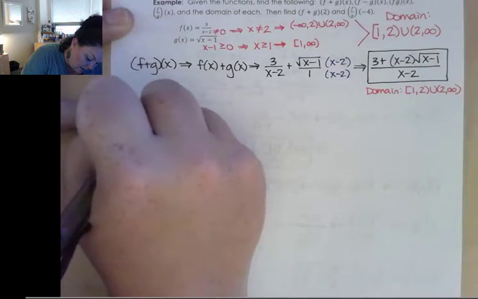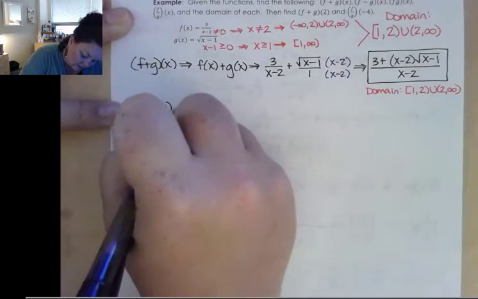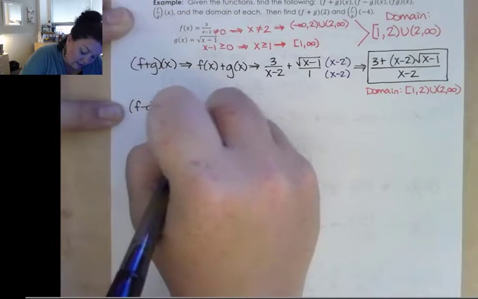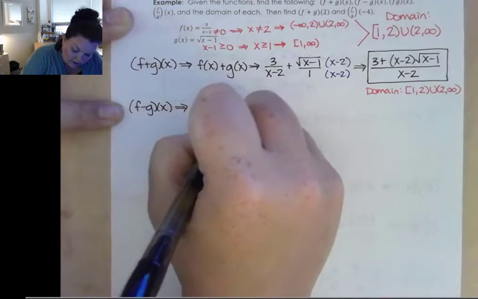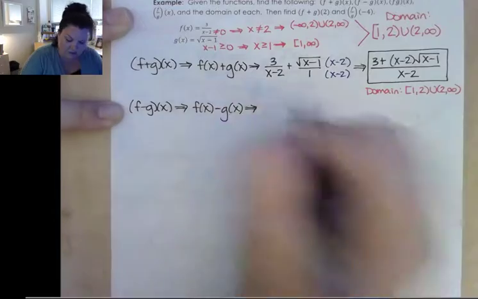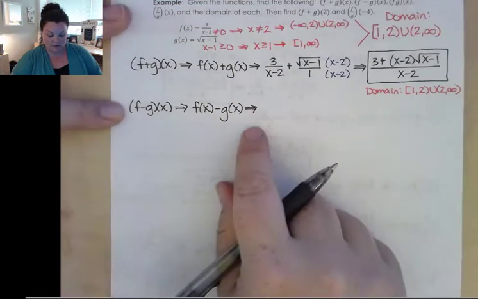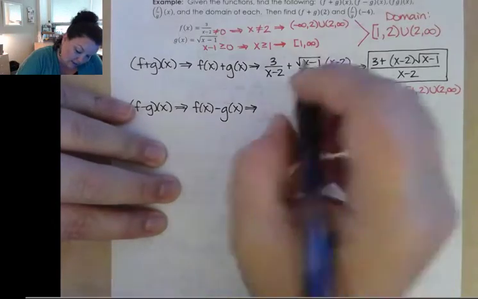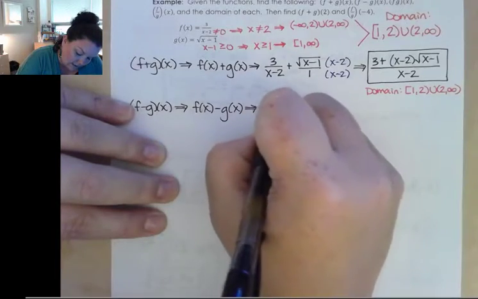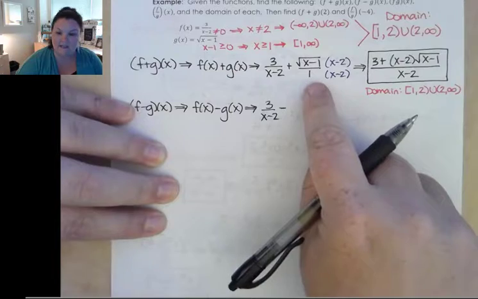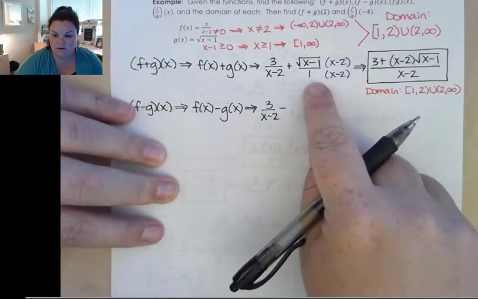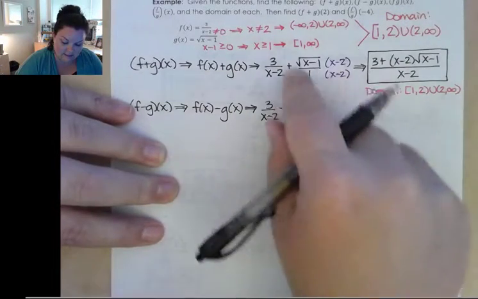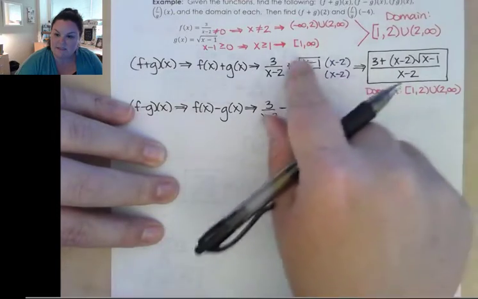So f minus g evaluated at x. This one means I'm taking my f of x function and I'm subtracting my g of x function. So notice these two almost look identical. The only difference here is I'm going to have 3 over x minus 2, and then I'm going to be subtracting this one, right? So if I'm subtracting this, I'm still going to have the same process.